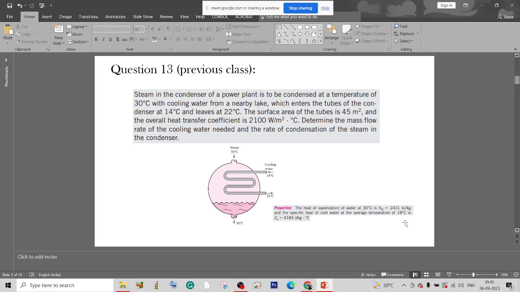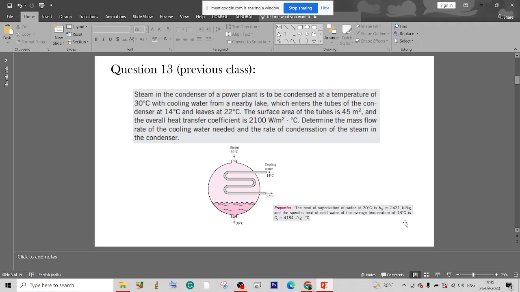So delta T1 we need to calculate, that is TH1 minus TC out, right? TH1 is 30 and TC out means the outlet temperature of the cold fluid, which is already given as 22. So this is delta T1.